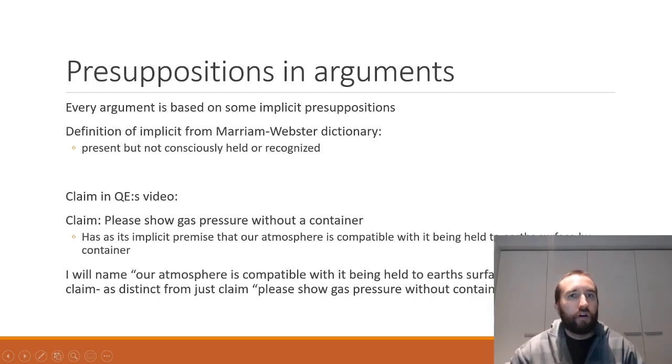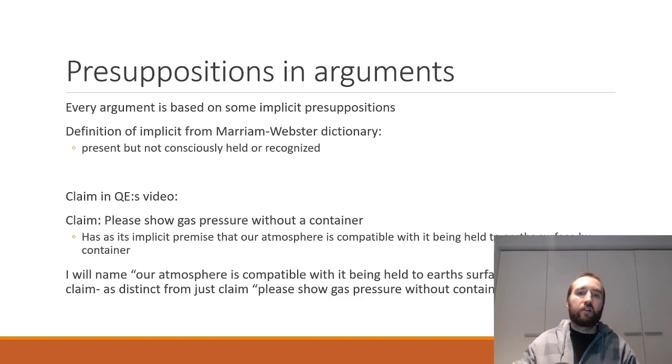Okay, so here we are, but before we can analyze the red herring argument that quantum eraser was making, we have to know something about presuppositions in argument. I've written here that every argument is based on some implicit presuppositions. And if you don't know what implicit means, I looked up the definition in the Merriam-Webster dictionary, and it says: present but not consciously held or recognized.